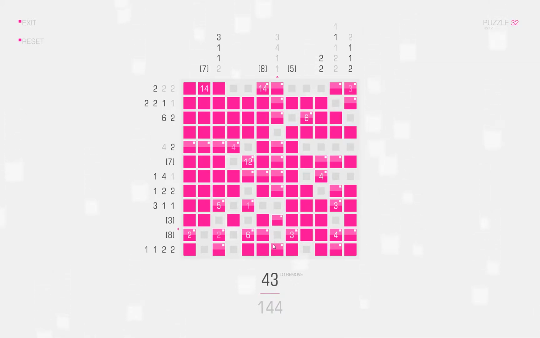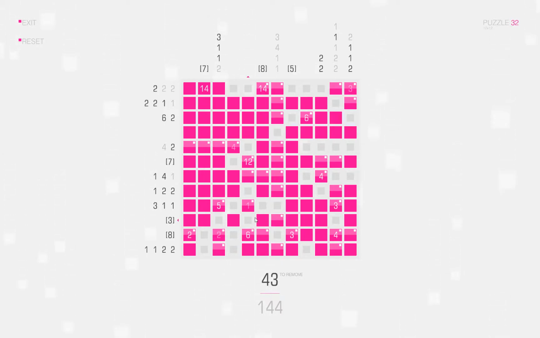If these 2 are part of the 6, this has to go this way. It cannot go this way, then it connects. It cannot go up or down because then it touch. So it has to go this way and then up. That is if these two are part of the 6.